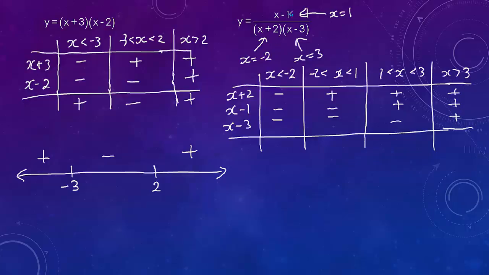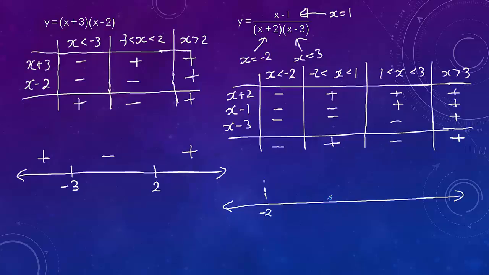Now we're just multiplying or dividing. So negative times negative times negative is negative. This one would be positive. This one will be negative. This one will be positive. And so we can do our sign diagram. Now remember, the first one that changes is the negative 2, and that's an asymptote.